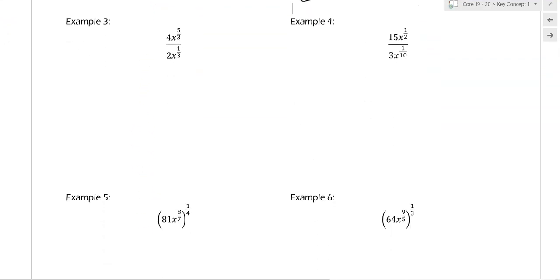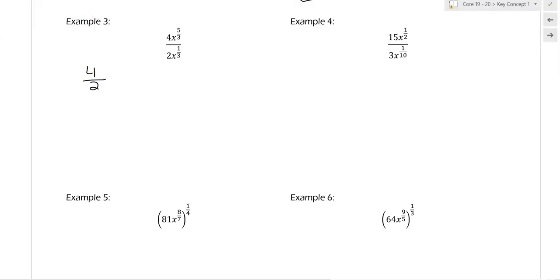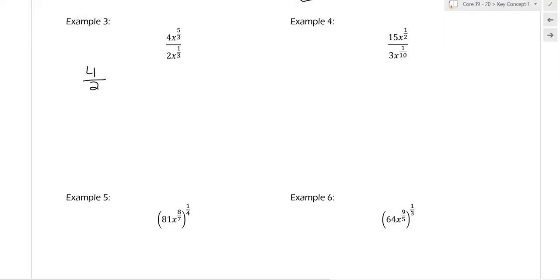Looking at our next examples, right now we have the fraction bar. Remember, the fraction bar means division. So 4 and 2 gives me 4/2. Right, just like when we were multiplying, we multiplied our coefficients. Now we're dividing our coefficients. Okay.